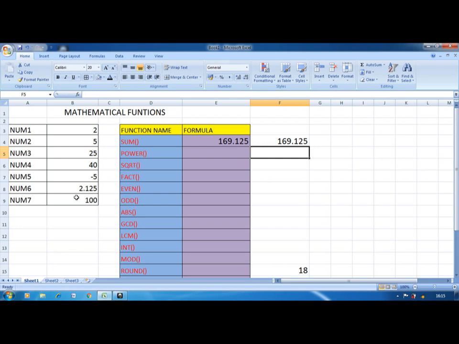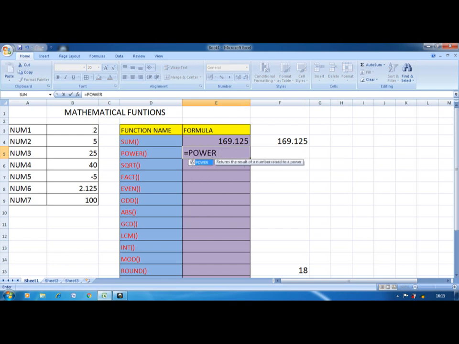Second function is POWER. This function returns the result of a number raised to a power. If I want to find the power of a particular number, you can write it this way: equal to POWER.